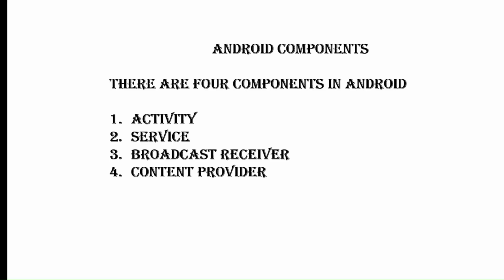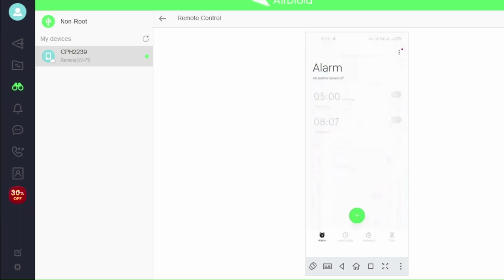Service is nothing but a long running background process without user interaction. With user interaction, we call it activity. Without user interaction, we call it service. So let us take one example of alarm. If I want to wake up in the early morning at 5 a.m., I'll simply set an alarm, right?